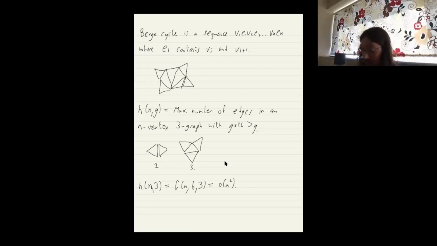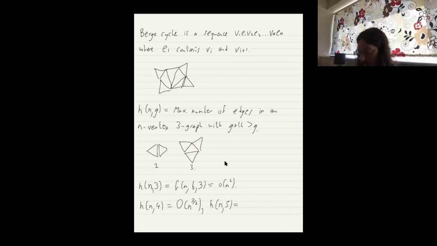So if you ban Berge 4-cycles, then it's known, it's quite an easy argument. Essentially, you're just lifting the bound for C4 to show that you can have at most n to the 3 over 2 edges. And actually, it turns out that the easy bound jumps on every even number. So for 4-cycles, it's n to the 3 halves.